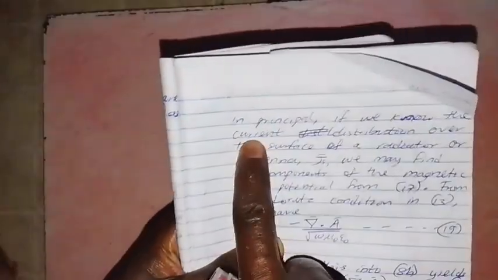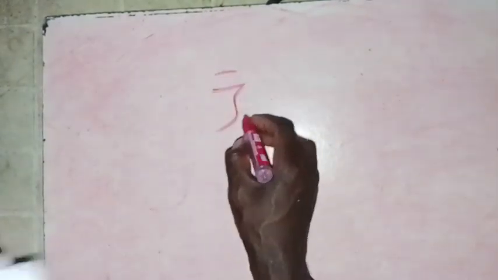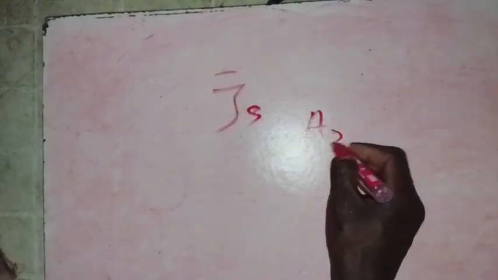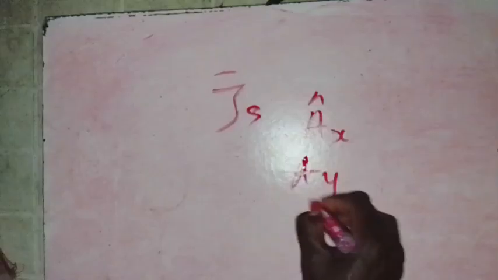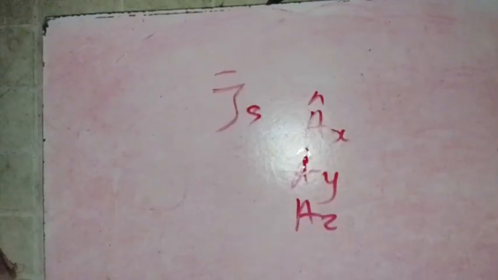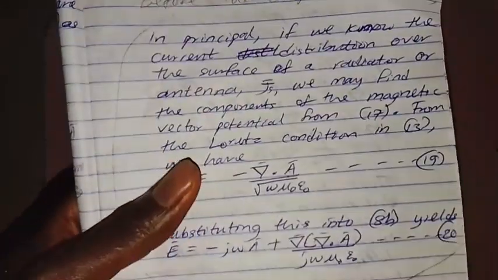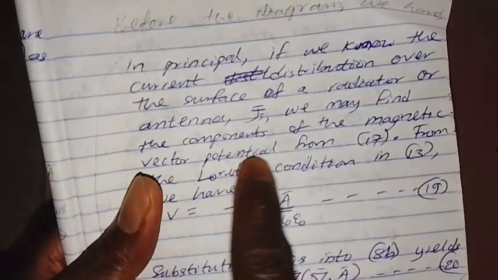Look at it now, from our notes, it says that in principle, if we know the current distribution, J s, which I think I've said something like this in a video before, over the surface of the radiator, or antenna, we may find the components of the magnetic vector potential, which we've done.